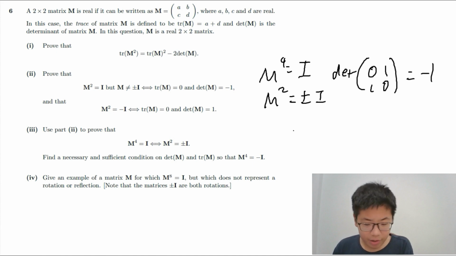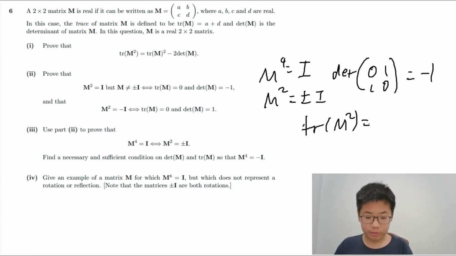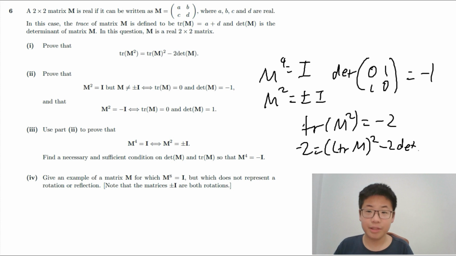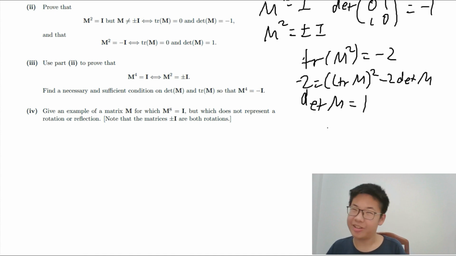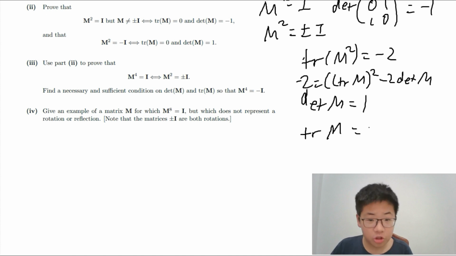So we will now have trace of M squared equals -2. Then -2 equals the trace of M squared minus 2 determinant M. And then, since determinant of M is 1, well, obviously, otherwise how can it be -1? So trace of M equals 0.